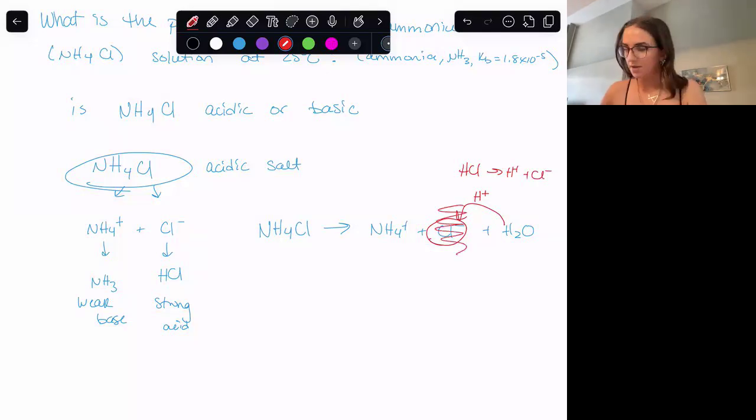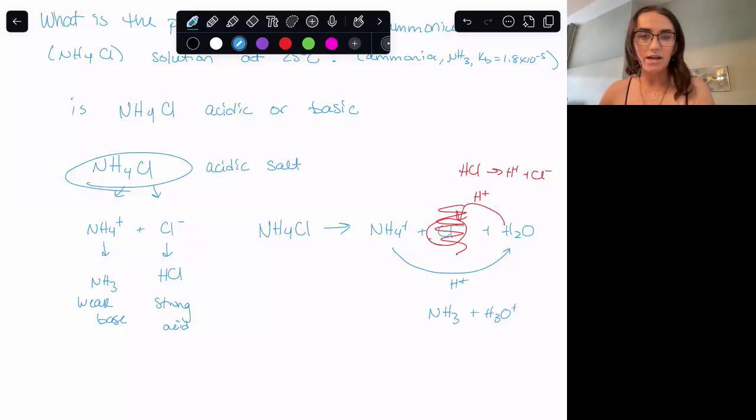We don't care. If NH4 plus gives an ion to water, in this case, I'll use a different color, if this becomes the transfer, and we get NH3 and H3O plus, now we've set up a solution with a weak acid and a weak base.